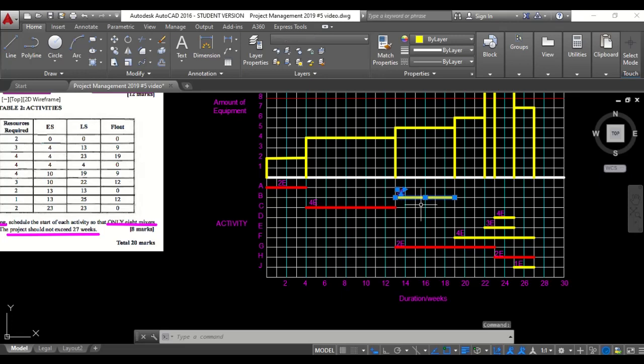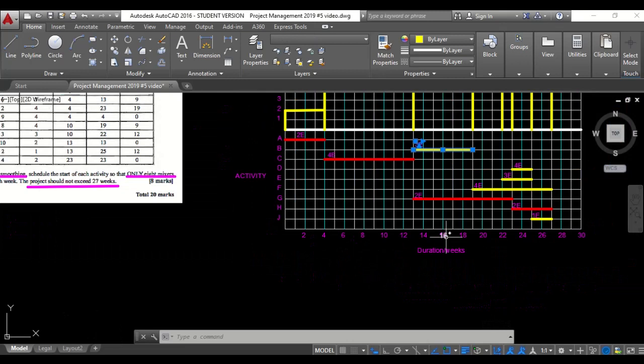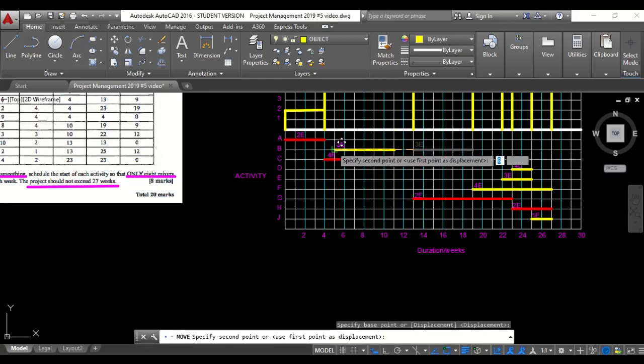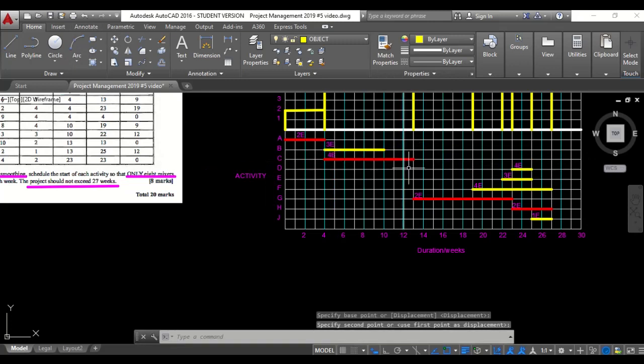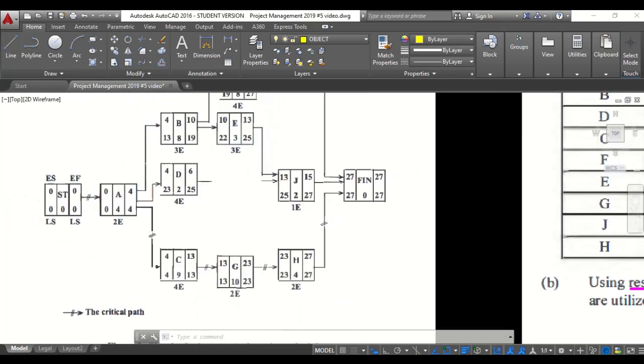So let's assess B. B is starting at 13. However, B's early start is on week 4. If I move B over to week 4 here, I will see that it will be 3 plus 4 to give me 7, and that falls within the constraint. So let me shift it over and see what happens. Now I need to go back to my network to see that A is a predecessor of B, so that is good.